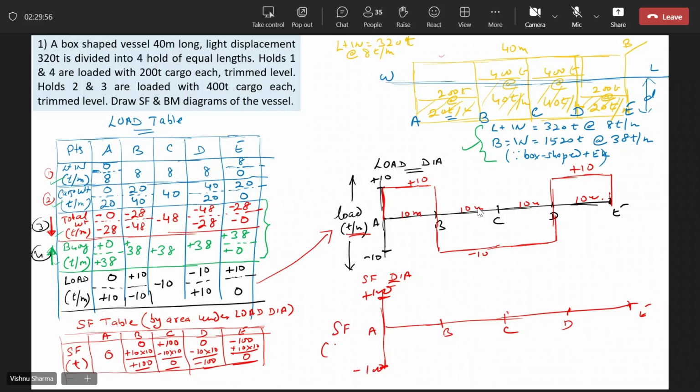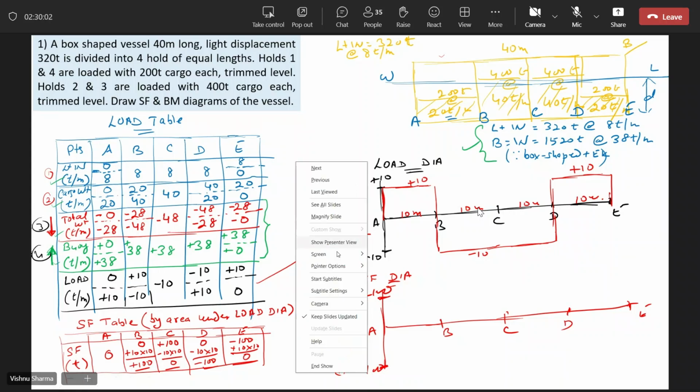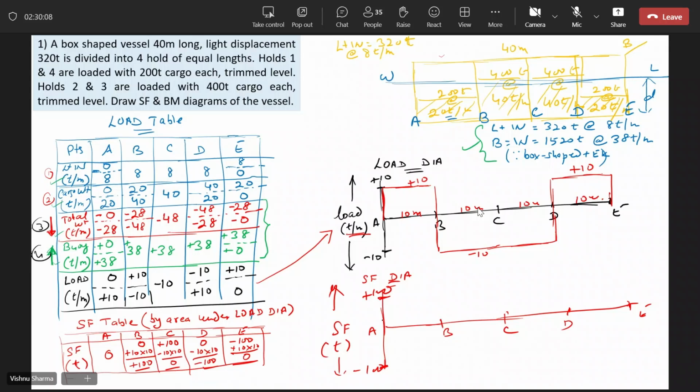SF units will be now tons. And guys, now I first put the points and then you'll shape it by looking at the load diagram. It's 0 here, it's plus 100 here, it's 0 here, it's minus 100 here, and it's 0 here.